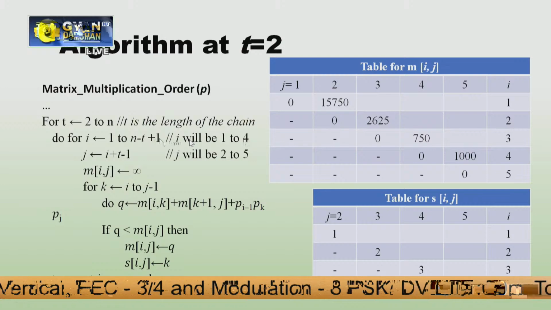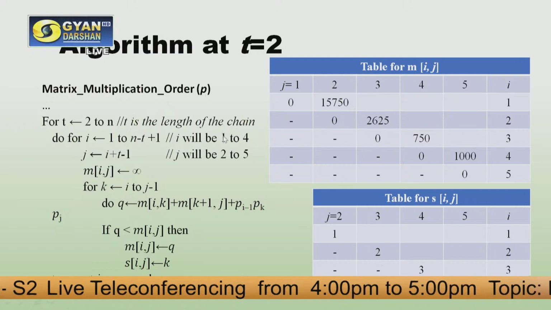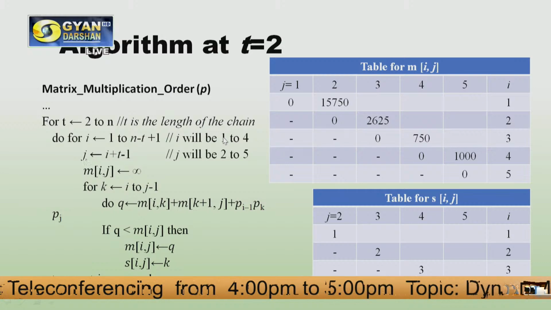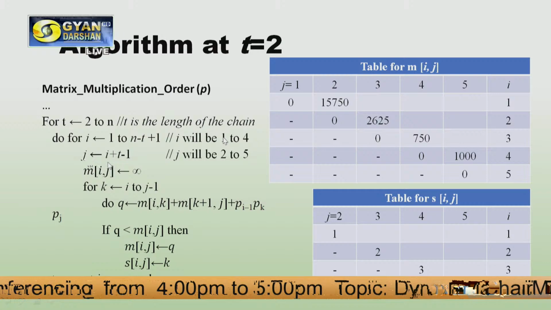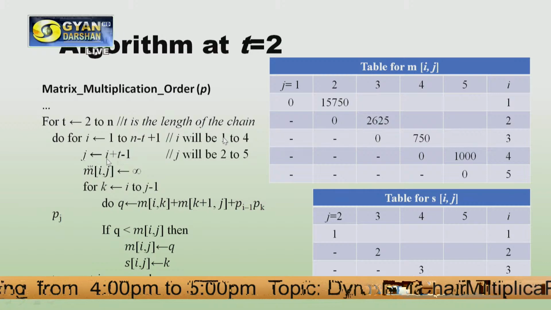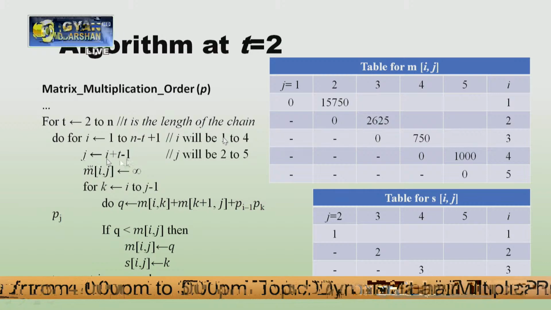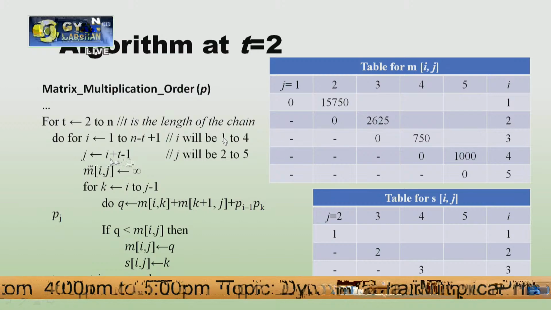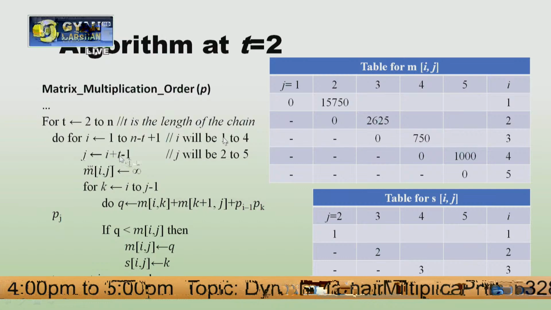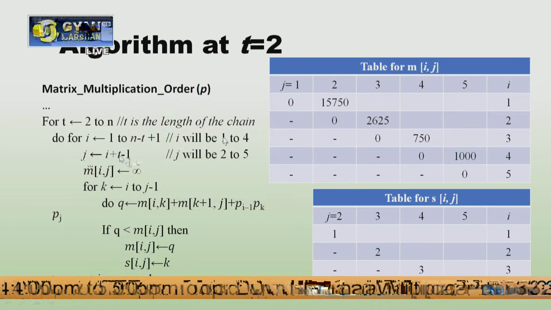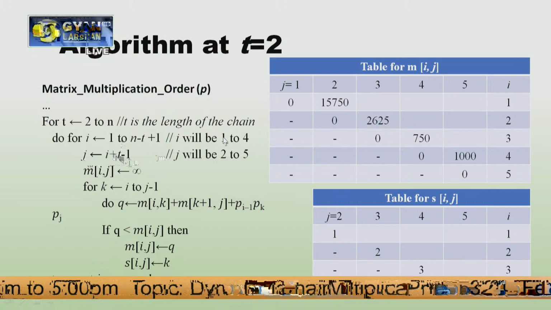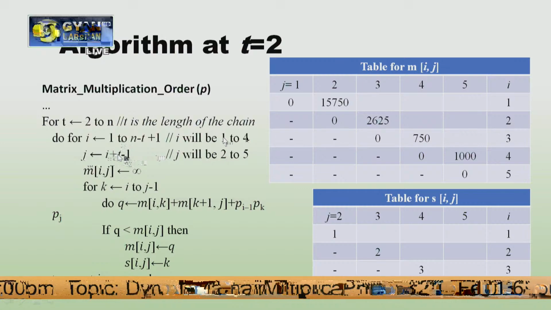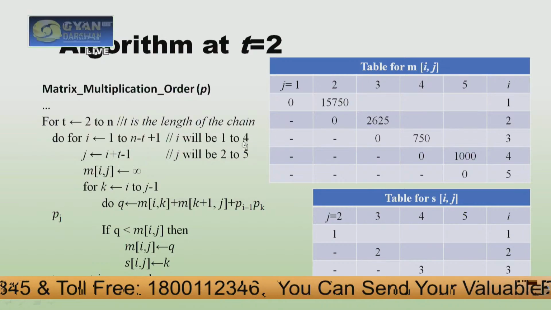What will we be doing? We will be multiplying with the value of J. J happens to be the second matrix with which you have to multiply. So the value of J will vary up to I plus T minus 1. T minus 1 was 1, and the value of I is 1, so 1 plus 1 is 2. When I is 2, J is going to be 3. When I is 3, J is 4.